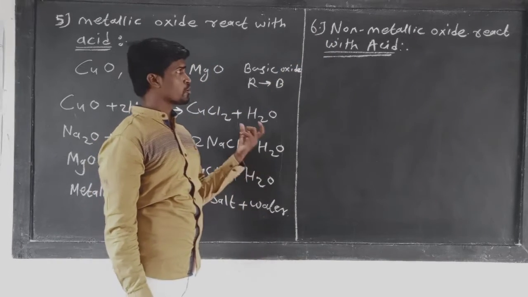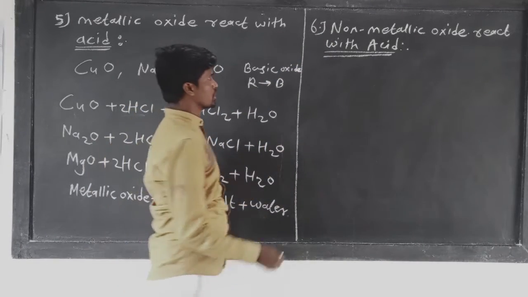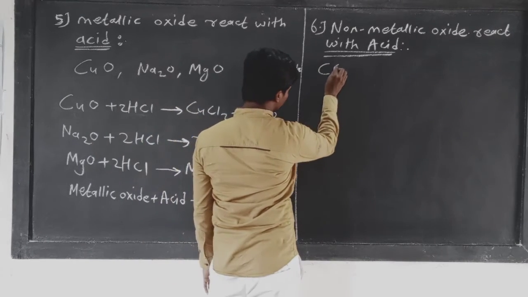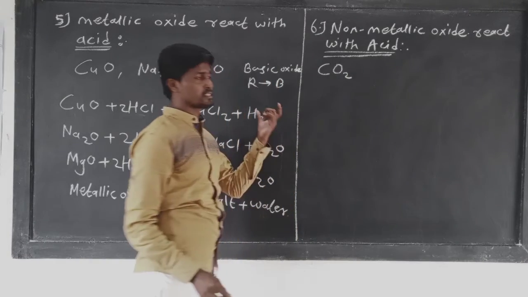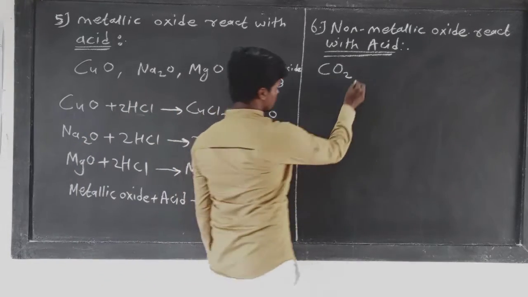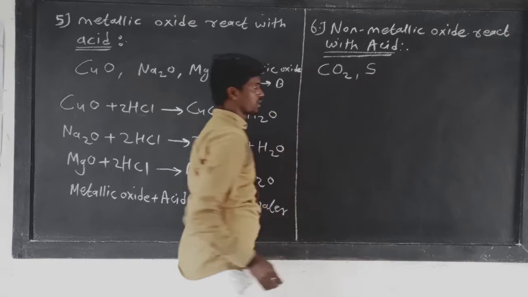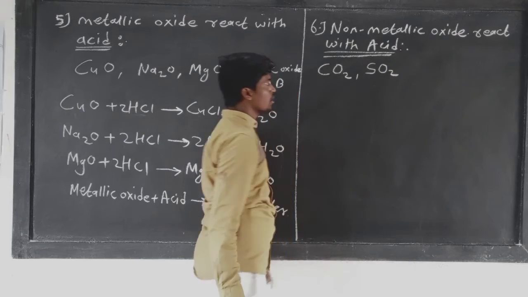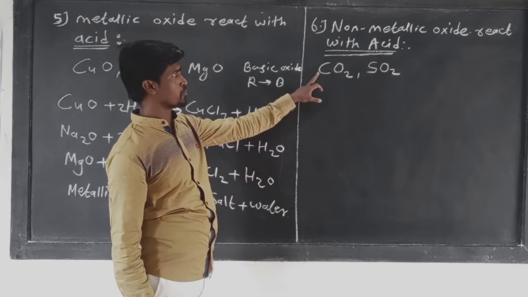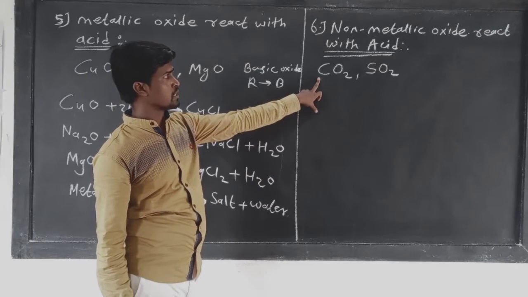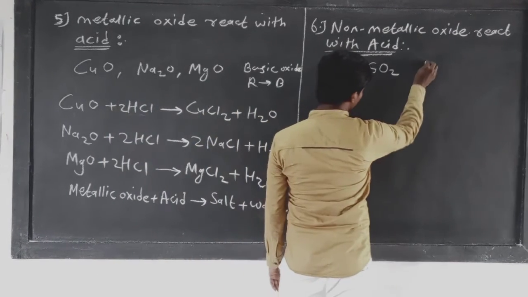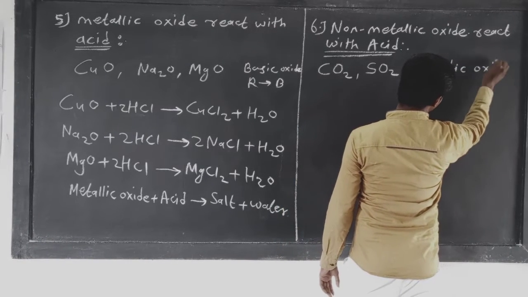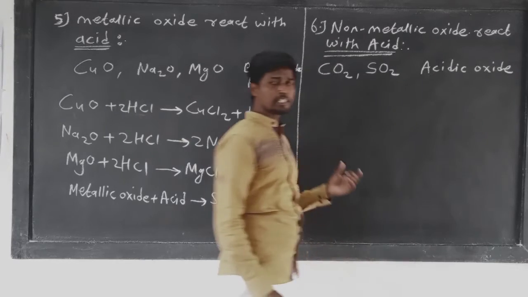Non-metallic oxide means non-metal joined with oxygen, for example non-metal carbon joined with oxygen O2, and it is called a non-metallic oxide. Then second example, sulfur is a non-metal joined with oxygen, it is called a non-metallic oxide. These are examples of non-metallic oxides. Non-metallic oxide is also called acidic oxide.